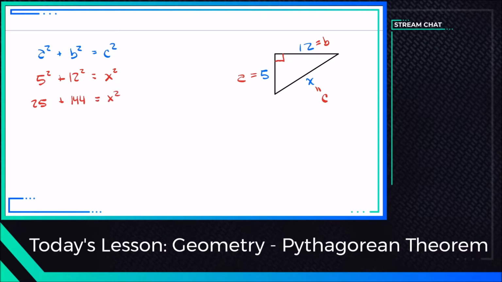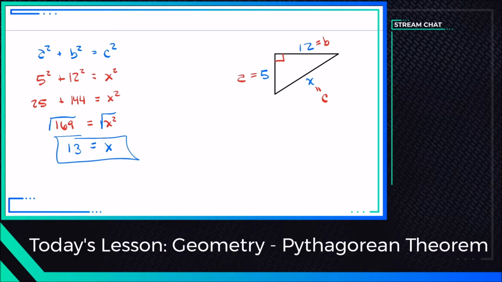If we add together 25 and 144, that is going to be equal to 169. And then to get rid of this x squared, we need to take the square root of both sides. So the square root of x squared is simply going to be equal to x, and the square root of 169 is going to be equal to 13.